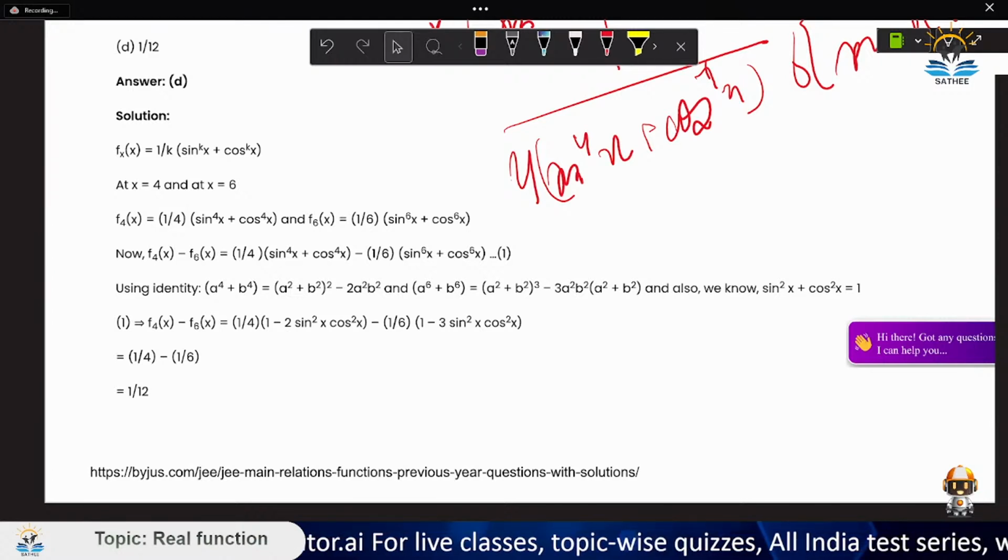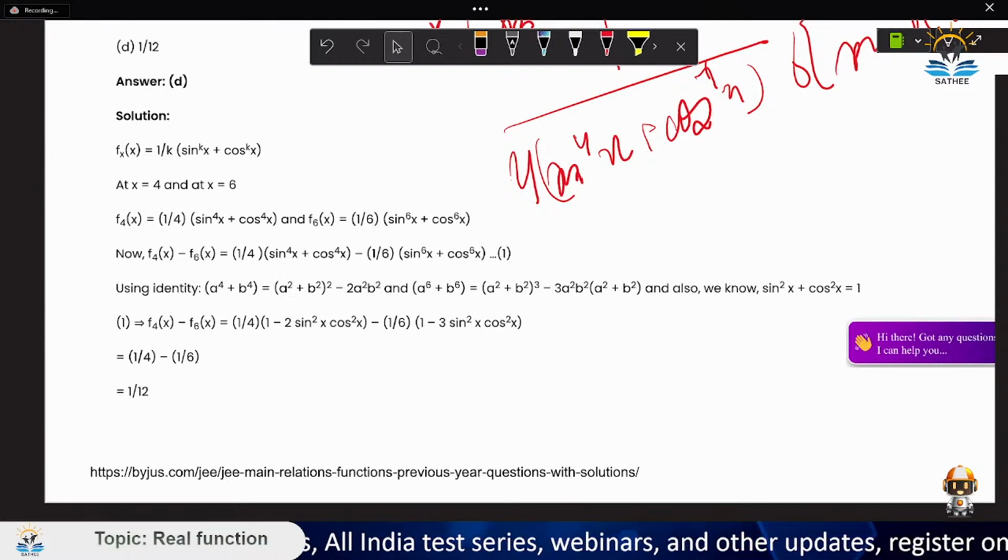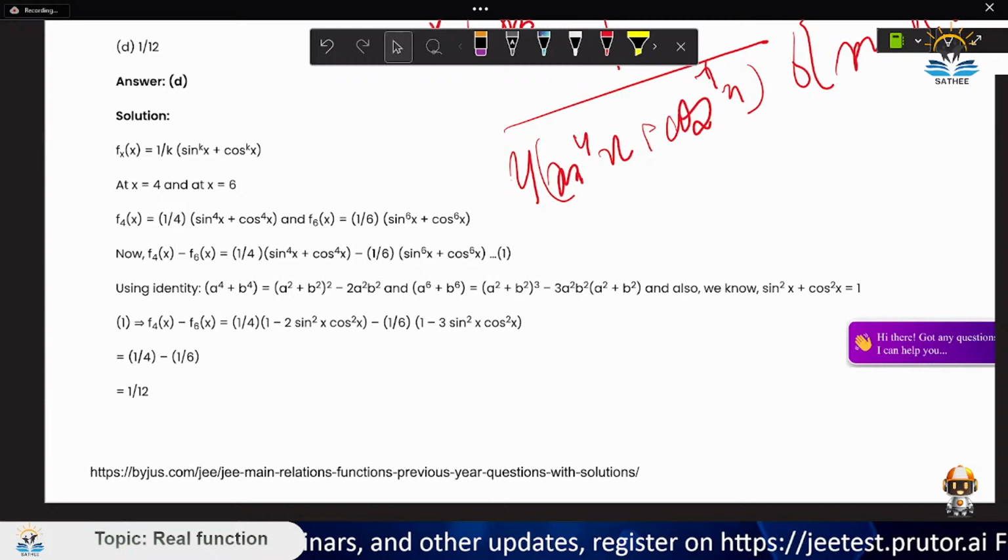If we put this identity into the equation, what we get is 1 by 4 into (1 minus 2 sine square x cos square x), and then 1 by 6 into (1 minus 3 sine square x cos square x).